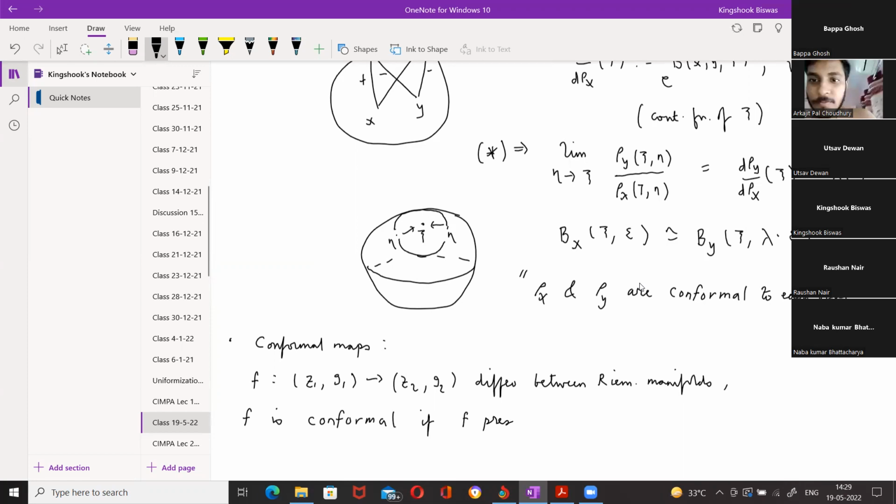So this is like in your complex analysis. Conformal maps are maps which preserve angles. So that means df preserves angles.